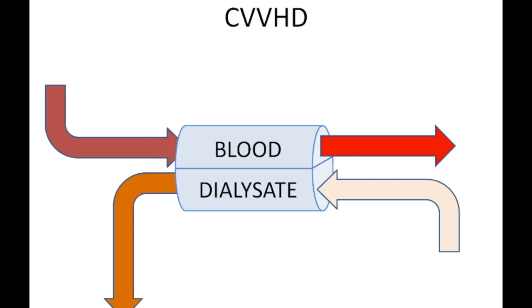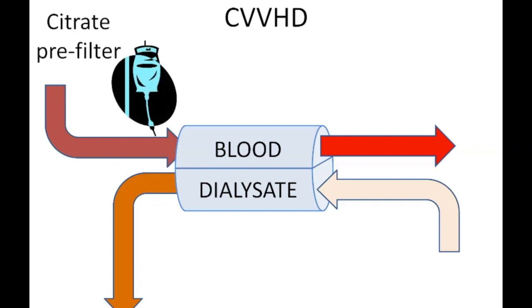What we already said is, in dialysis, blood comes in dirty, dialysate comes in clean, and urea is absorbed into the dialysate as it moves down its concentration gradient. But in this situation, in order to keep blood from clotting on the filter down here, citrate is added pre-filter.